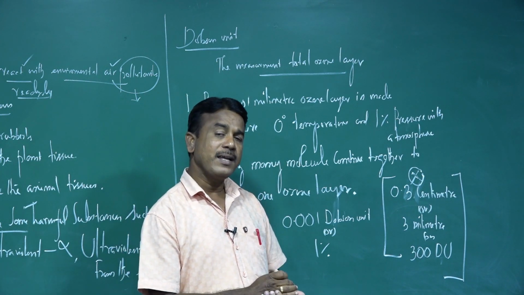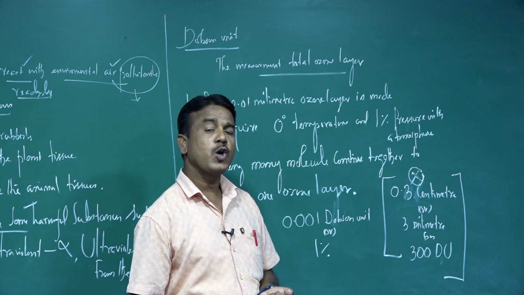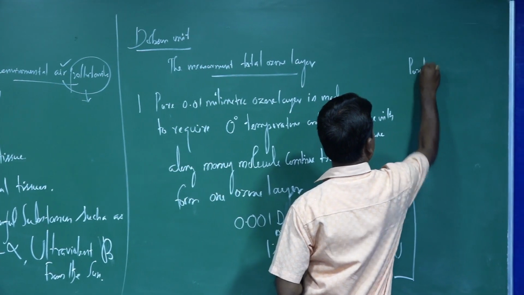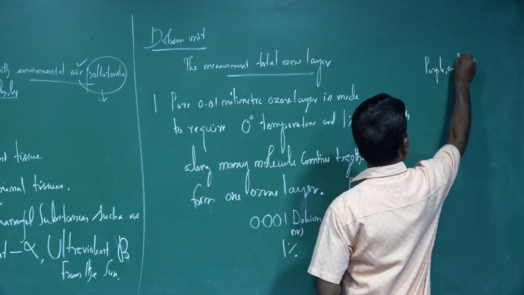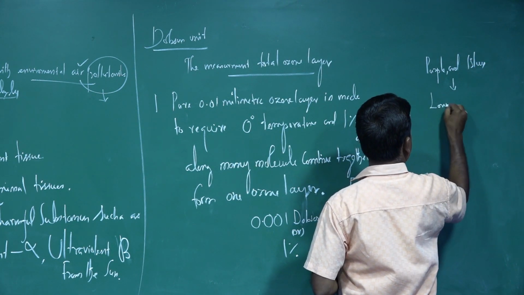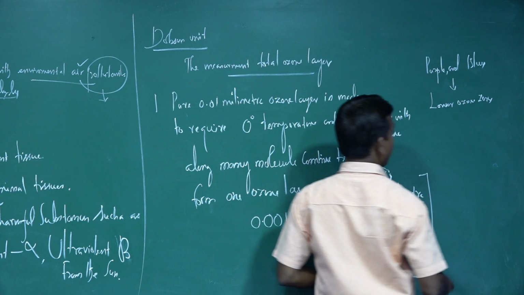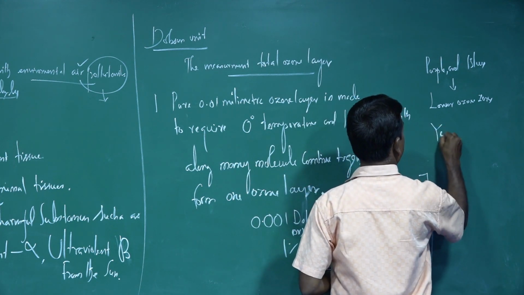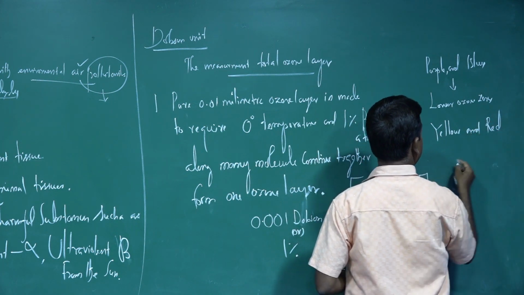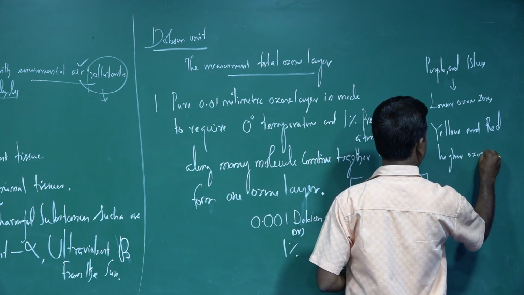The ozone layer indicates purple and blue colors, which represent the lower ozone zone. In addition, yellow and red represent the higher ozone zone.